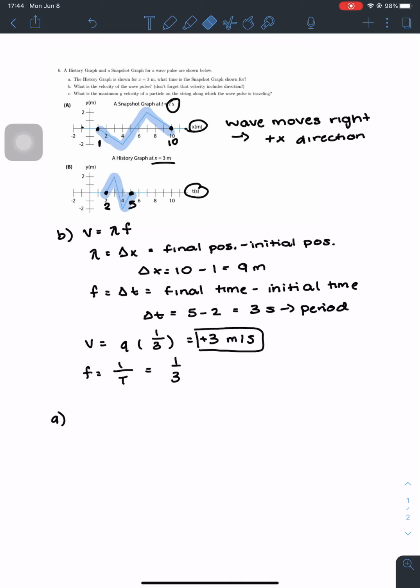We know from a previous question that the velocity is positive 3 meters per second, and that the question gives us that the overall histograph is at x equals 3 meters. To find the time of that one complete snapshot graph, we will use the formula v equals delta x over delta t.